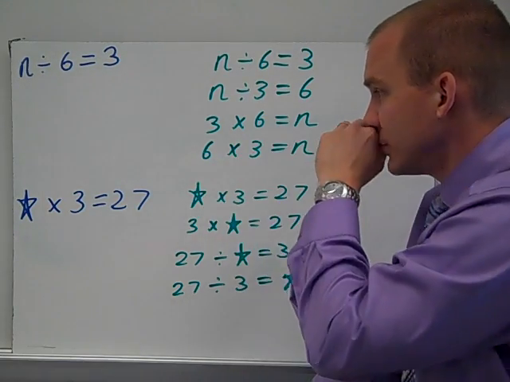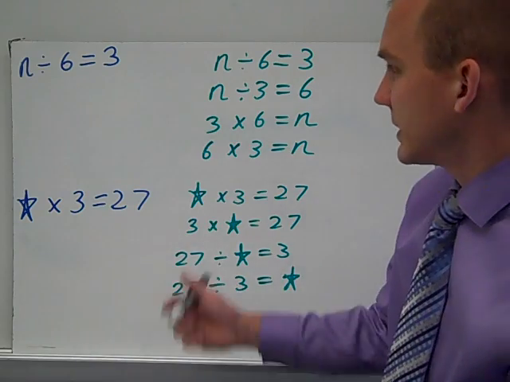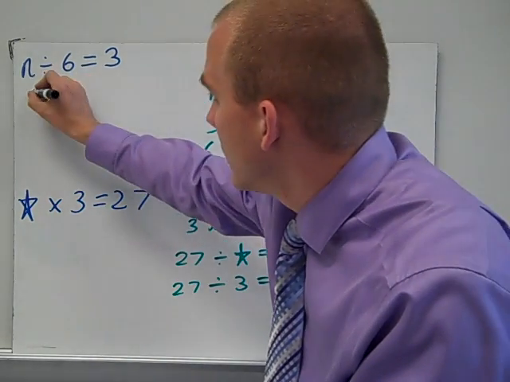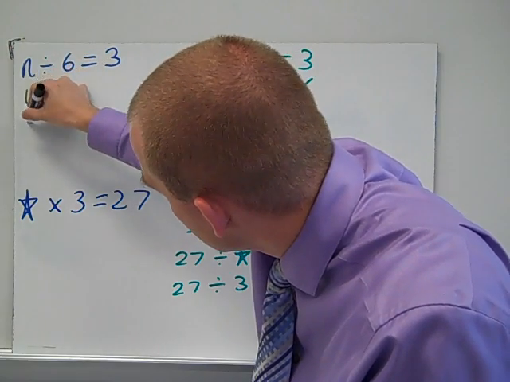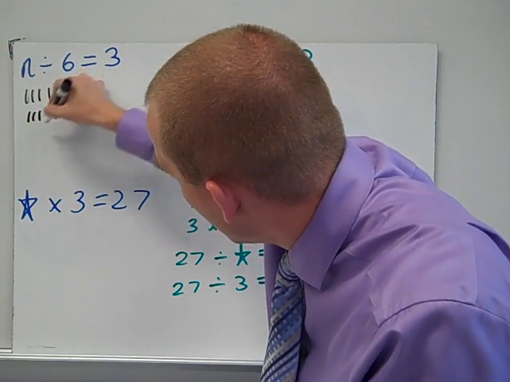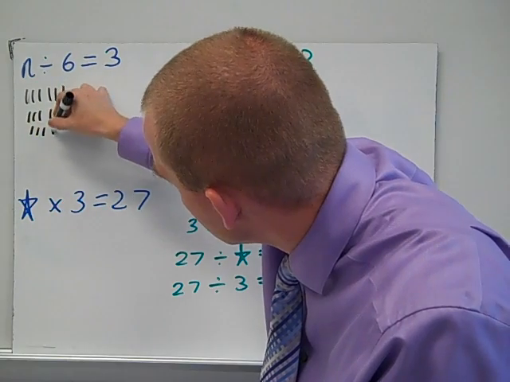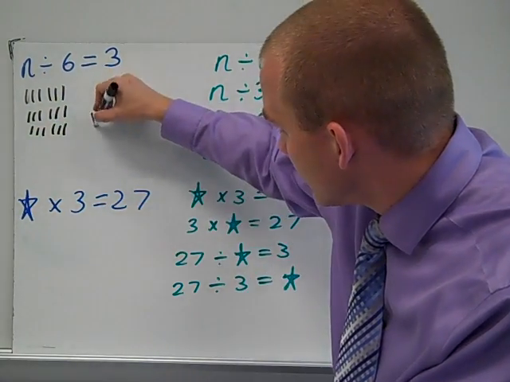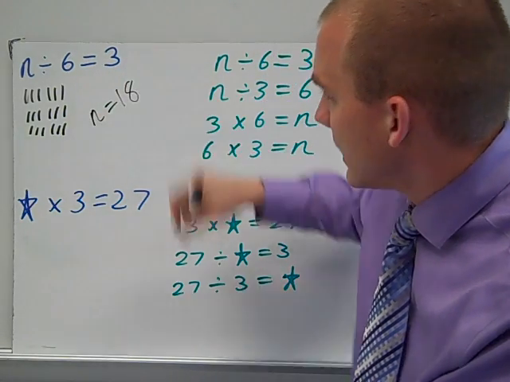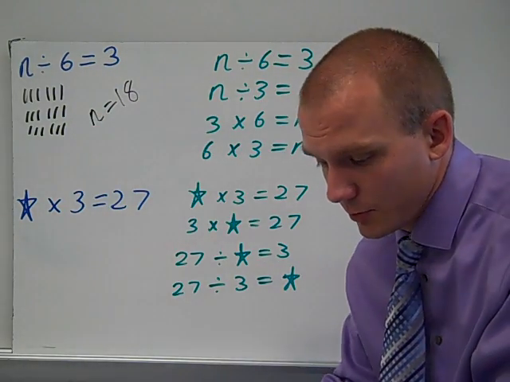So either of these bottom two work. 3 times 6 or 6 times 3. I'm going to do 3 times 6. I did 3 rows with 6. I counted up to 18, which means n equals 18 based on that little array that I drew there.